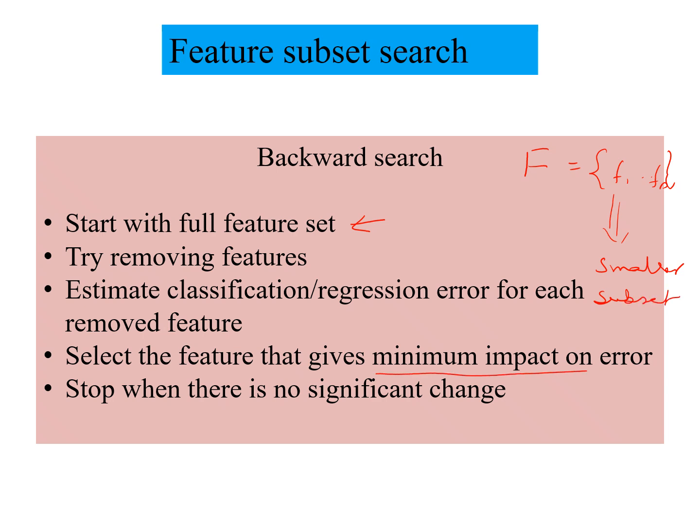The feature which is not reducing any error. So that feature is of no use. If the feature is not reducing error or increasing accuracy, that feature should not continue in our subset. So that is the approach to removing features. And then again stopping criteria, no significant change, or you have reached the desired number of features.